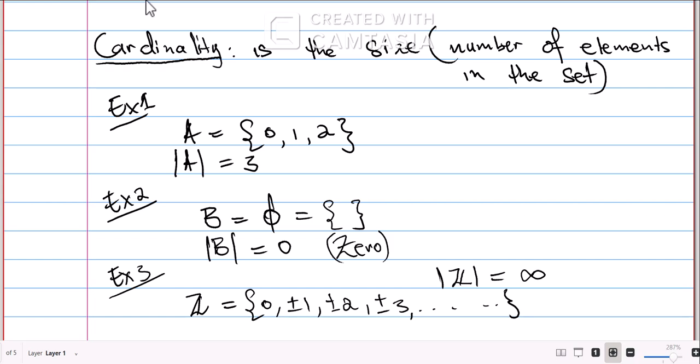We can say this is the first, second, third, fourth, fifth, sixth, seventh element, and it goes on to infinity. So that's the concept of cardinality: the cardinality is the size of the set. You should bear that in mind.